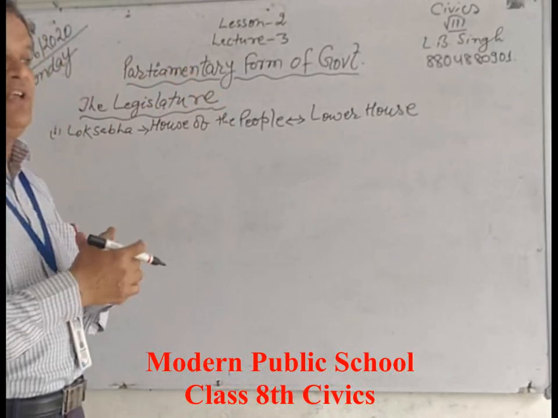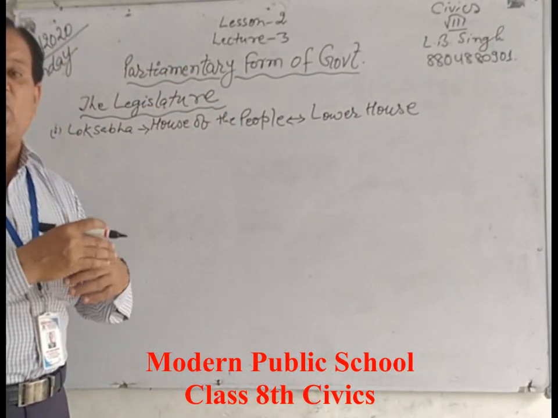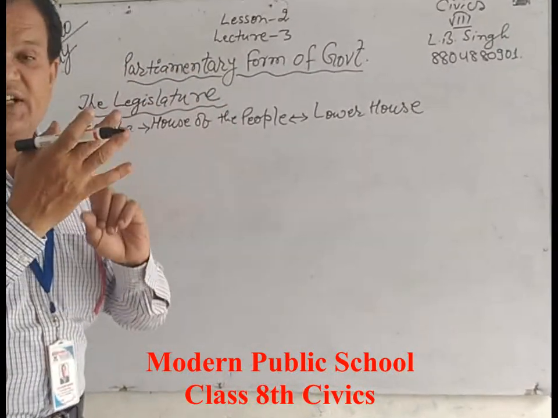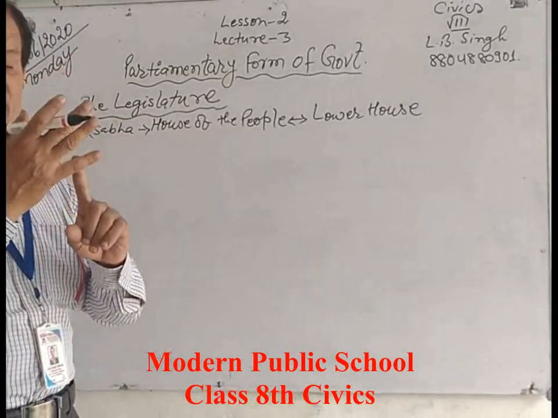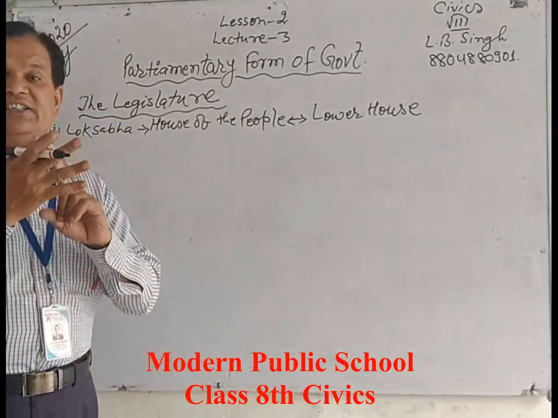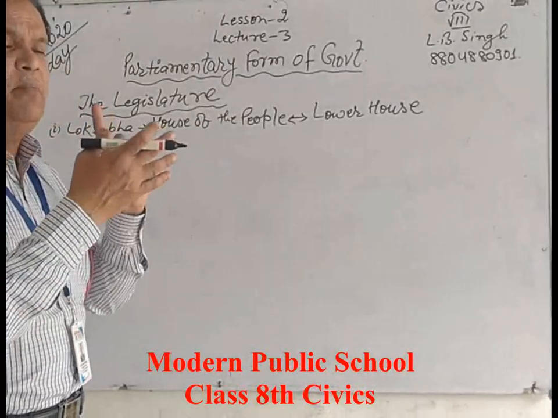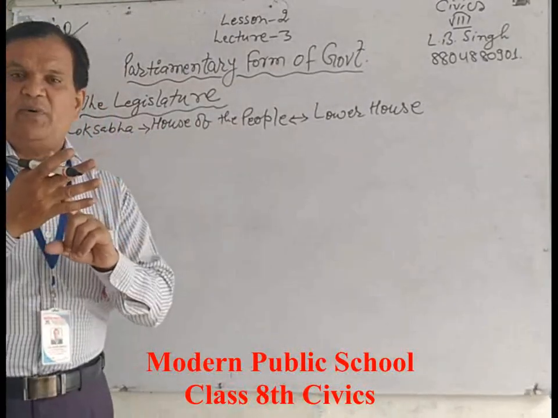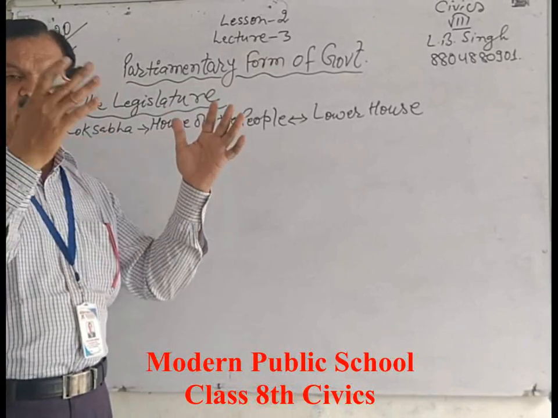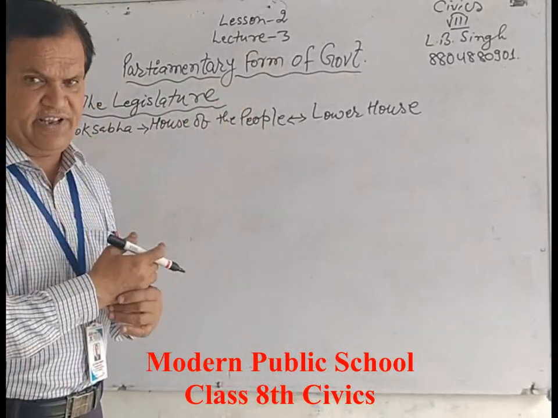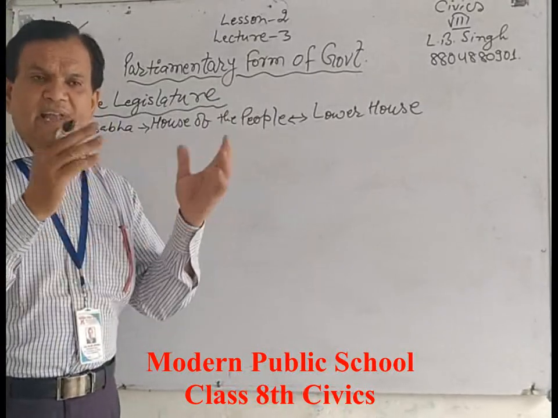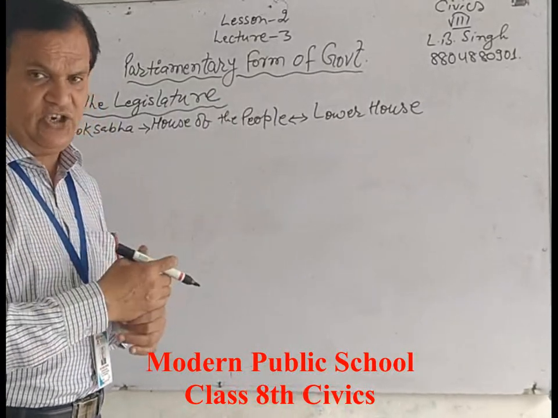The candidates may be from different parties such as BJP, Congress, RJD, JDU, Aam Aadmi Party, BSP, Samajwadi Party. Lots of parties are in our country and lots of candidates fight the election.